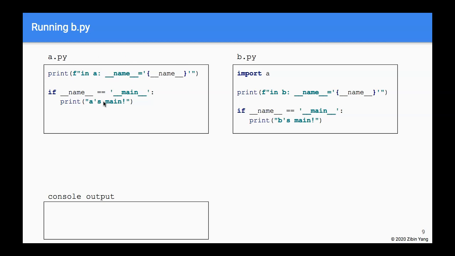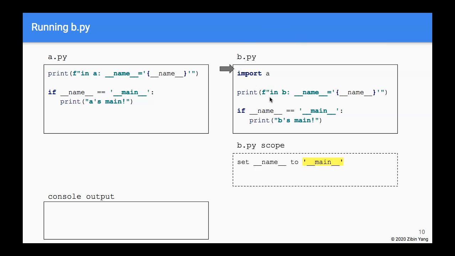We keep a.py the same. Now we add an additional b.py, and inside b.py we import a. And we will run b.py.